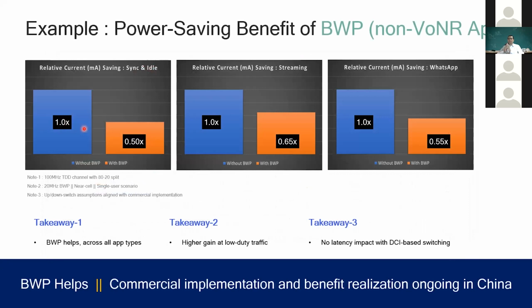So, three sets of graphs representing three different application types. The first one is sync and idle. Your phone is mostly in idle mode, but there are some background activities going on, such as notifications. That is represented by sync and idle, followed by a streaming type of application you are watching, followed by a WhatsApp or WeChat type of application.